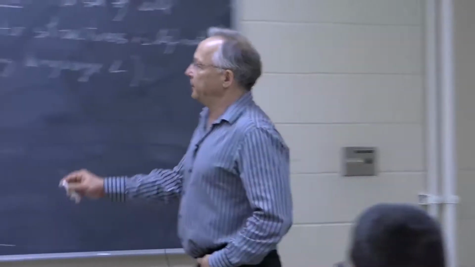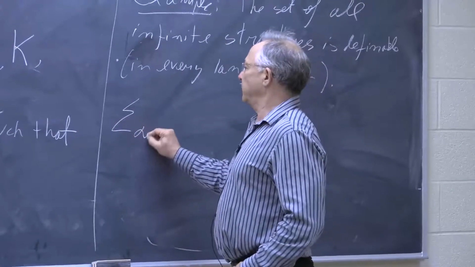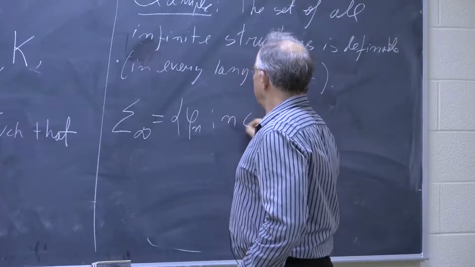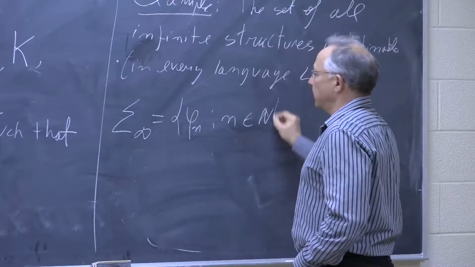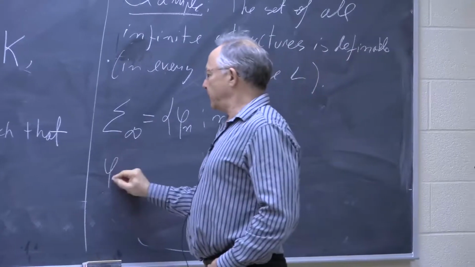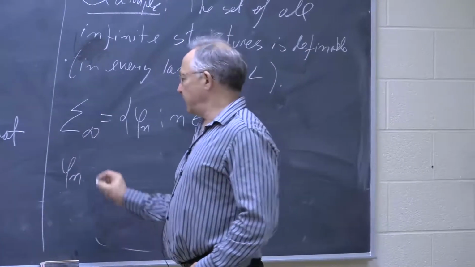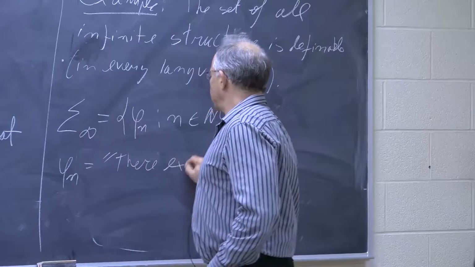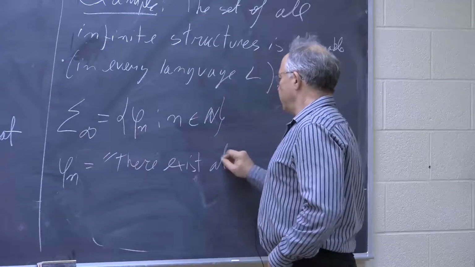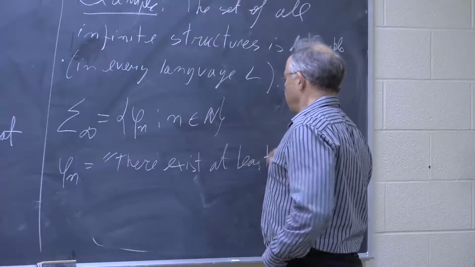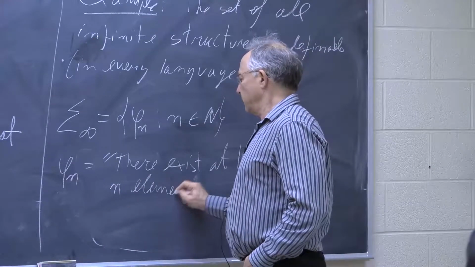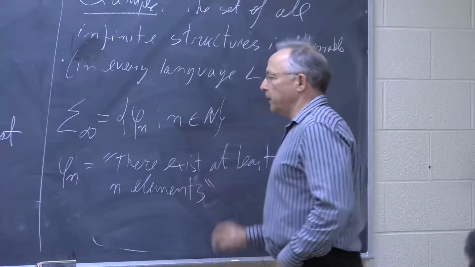We had sigma infinity, the set of all phi n such that n is a natural number, where phi n basically said there exist at least n elements. So that's not difficult to say.